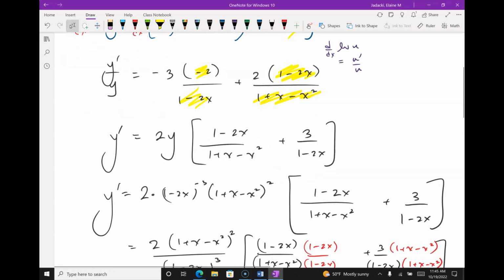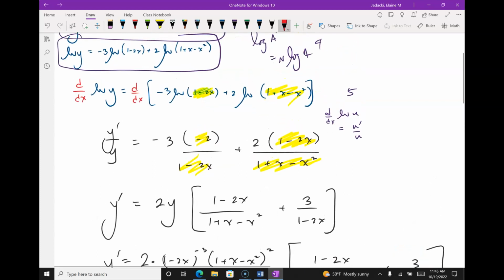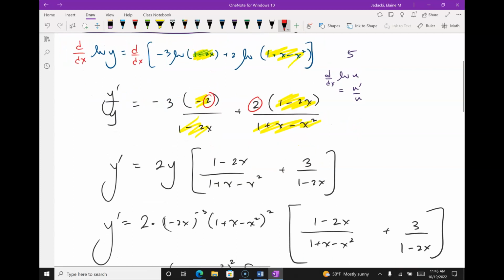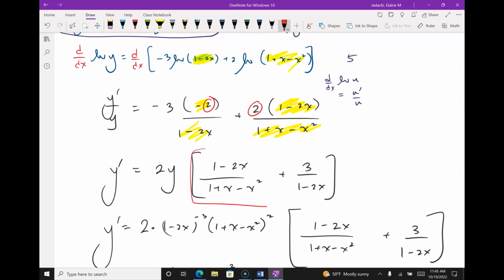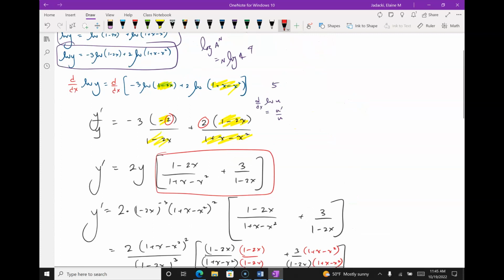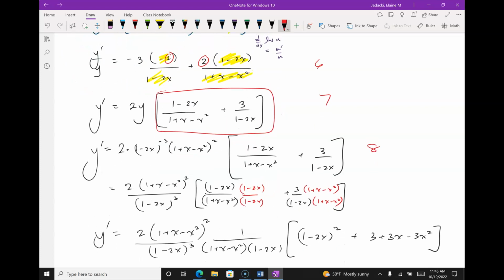And I know I can also factor out a 2 here, right? I see a 2 here and a 2 here. I can factor out that 2. So I get 2y times this leftover piece, and I'm going to get an LCD in there, right? You see that?